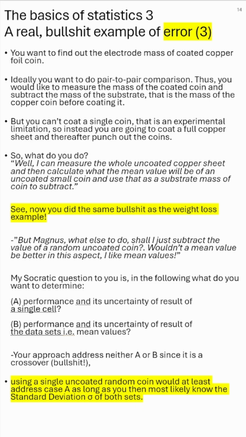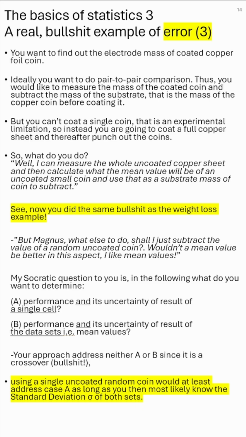And then you calculate the coating weight of that individual coin by subtracting that mean value of the uncoated copper coin. So now you're doing that bullshit error again. You're mixing up single sample data with mean value data that belongs to the multi-sample domain.